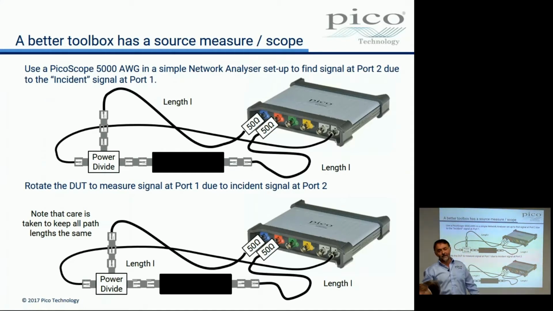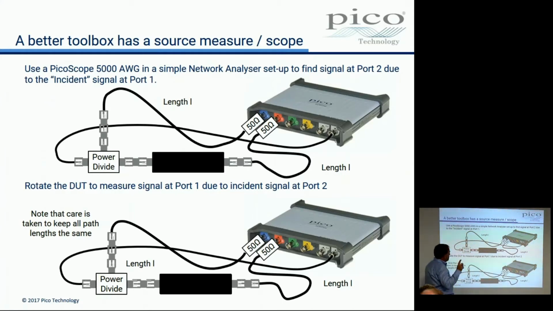So I knew exactly what was being applied to the input. And then I put another cable on here to see what was on the output. And I arranged things such that I could rotate the DUT and do it the other way as well, because I don't know which is the input and which is the output at the moment, do I? So I needed to be able to rotate the DUT as well.